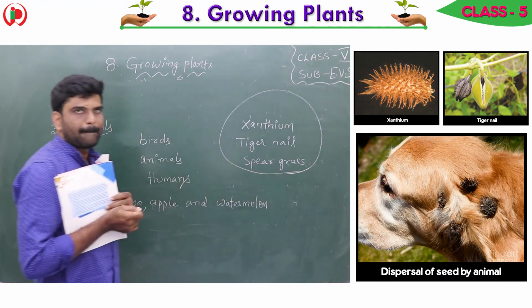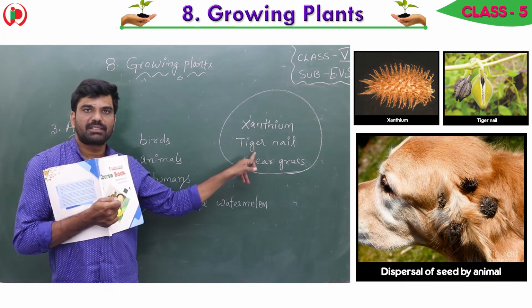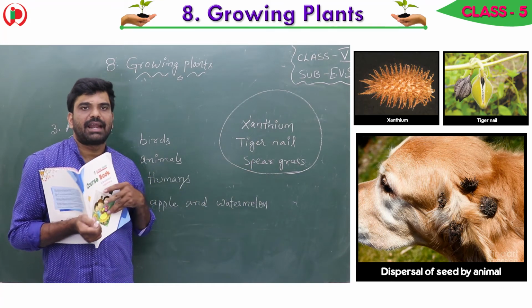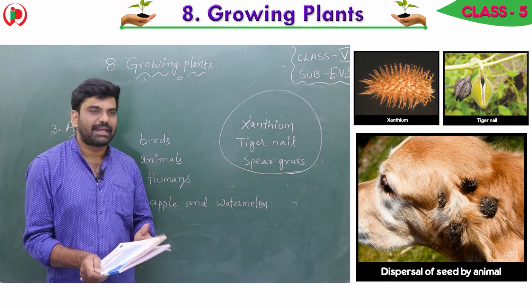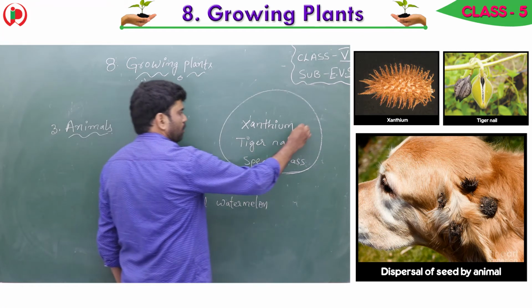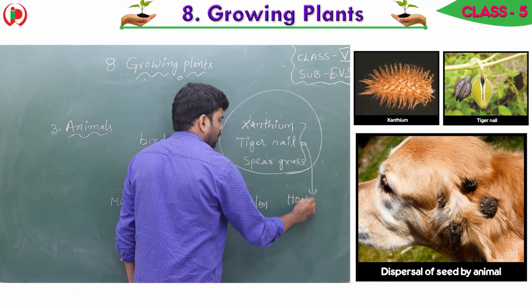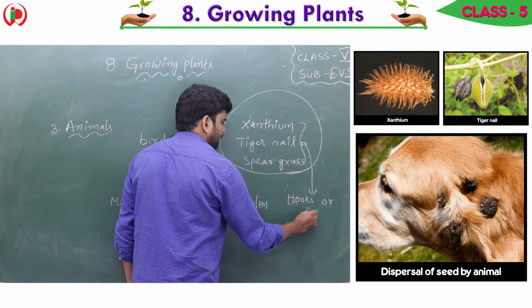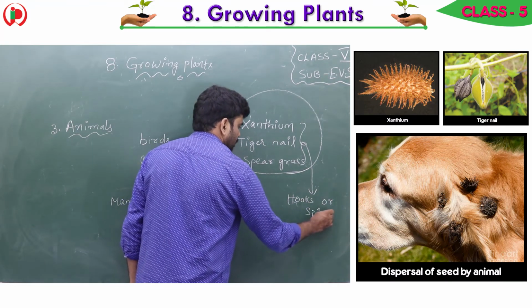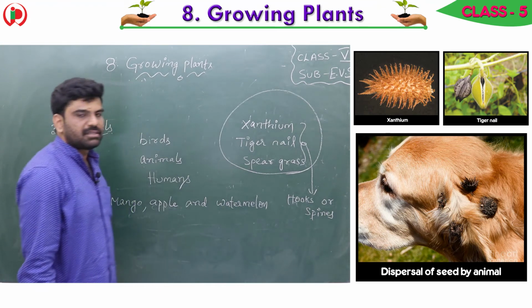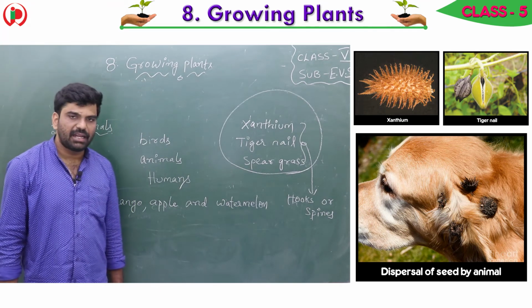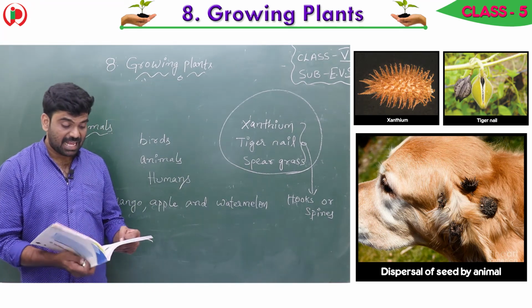These three, xanthium, tiger nail and spear grass, have hooks or spines. So hooks or spines are present in xanthium, tiger nail and spear grass.